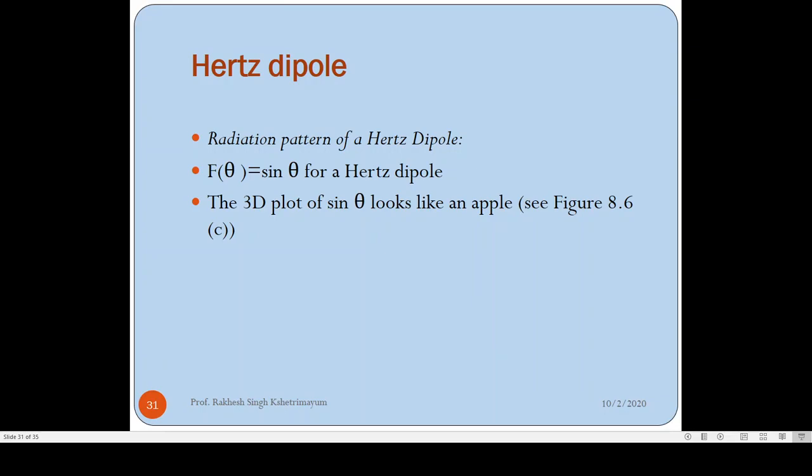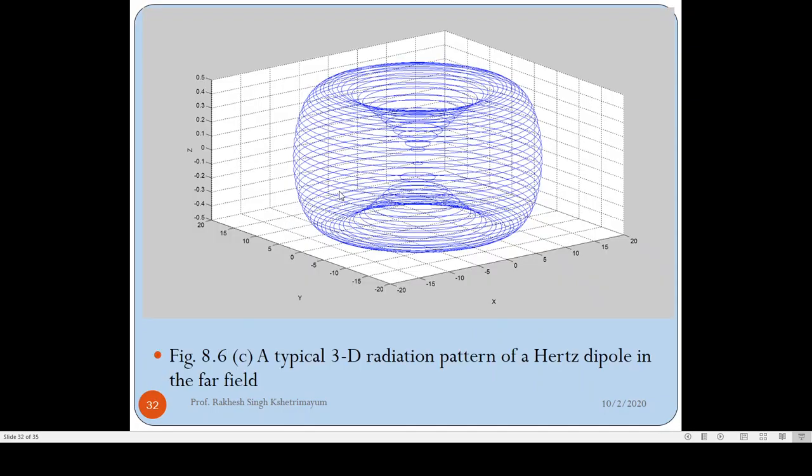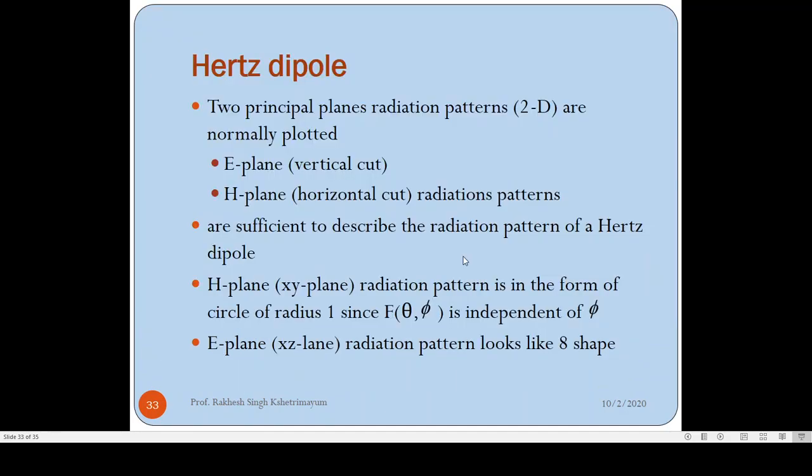You can also draw the radiation pattern of Hertz dipole, and you know that variation with respect to theta was sine theta. And the 3D radiation pattern looks like an apple. You have less radiation along this, more radiation along this. Now plotting a 3D radiation pattern on a 2D plane is a very difficult task.